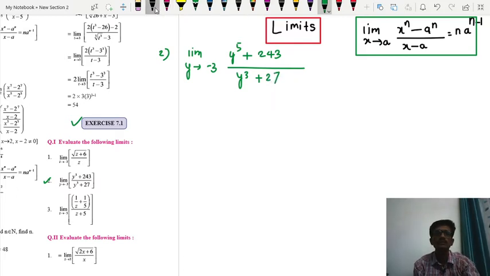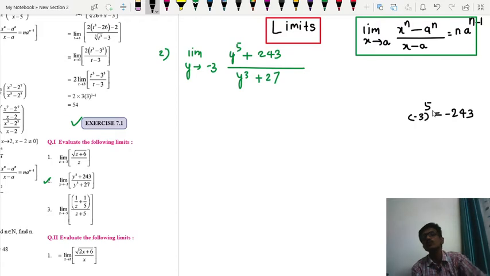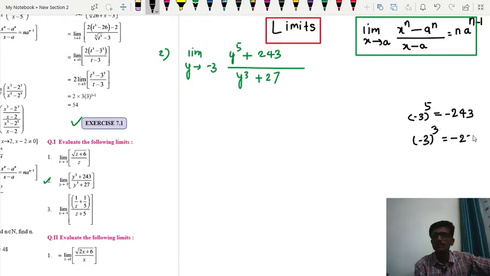Listen students, minus 3 raised to power 5 will be equal to minus of 243. 3 raised to power 4 is 81, 3 raised to power 5 is 243, and minus 3 raised to power 3 is equal to minus 27.